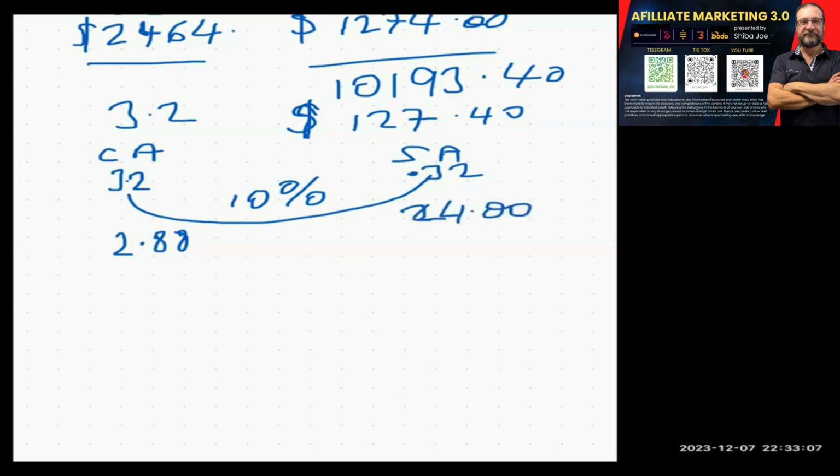So your 0.32 is worth $24, and your 2.88 is worth $221. So in your savings account, you've got $24 worth of BTCC. In your current account, you've got $221. So you could put a bit more over if you wish to. Again, as I say, the amount is up to you.